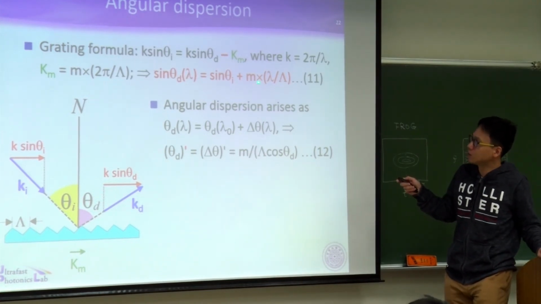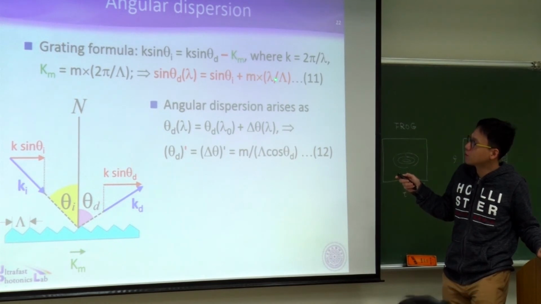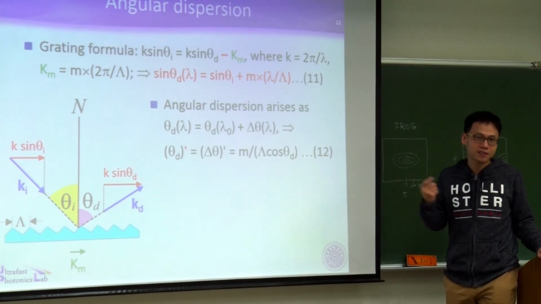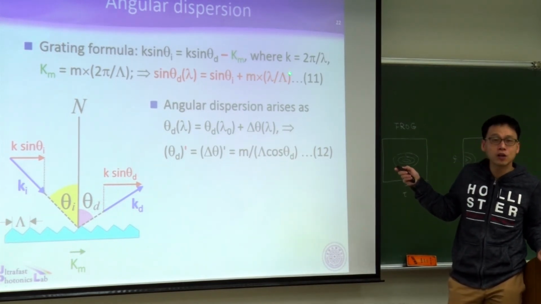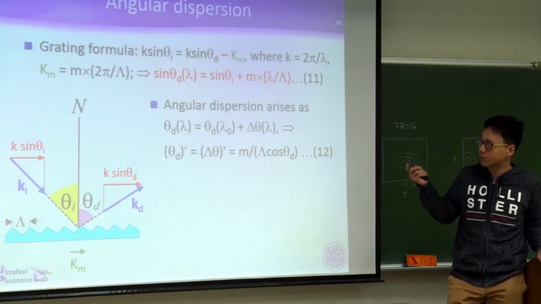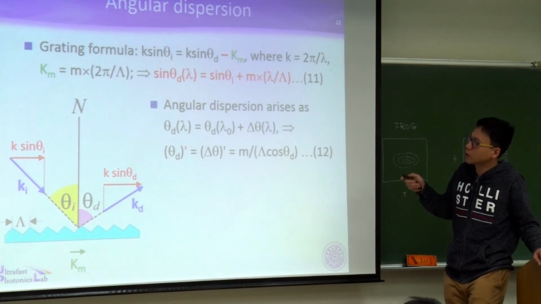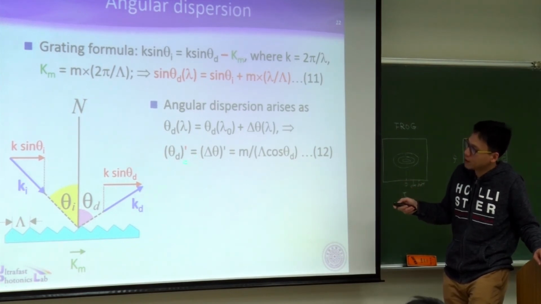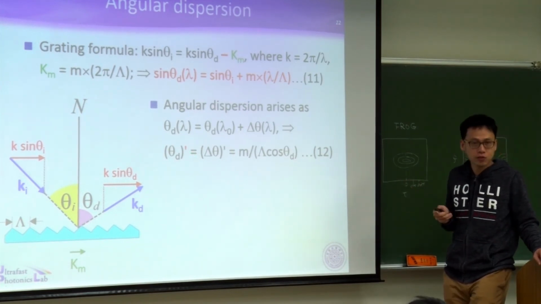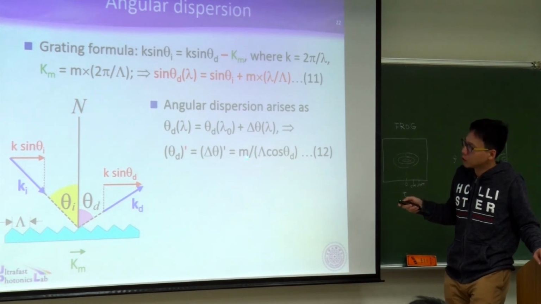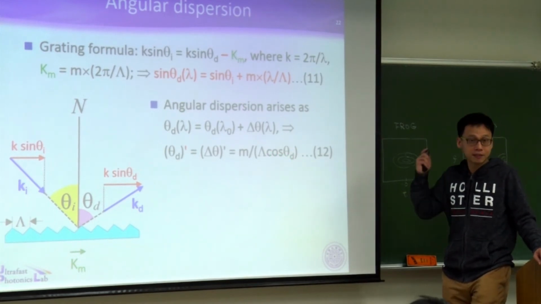After the derivative, you get n times 1 over capital lambda, because this is a linear function of lambda, so you get a constant. And by reorganization, you get this formula: theta d prime, the first order derivative, should be equal to n, a constant, over capital lambda, a constant, times cosine theta d.